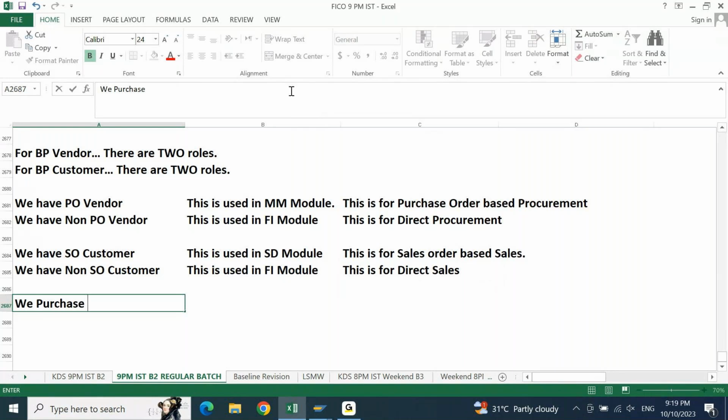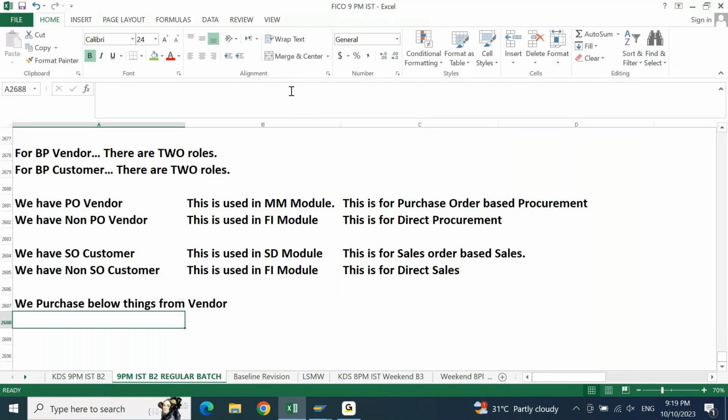Now, we normally purchase the below things from a vendor.